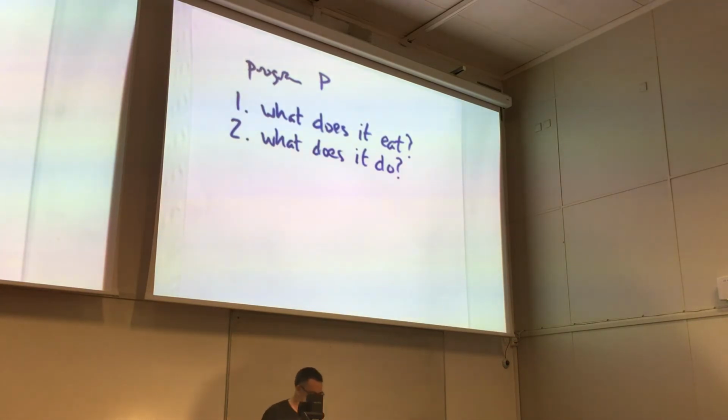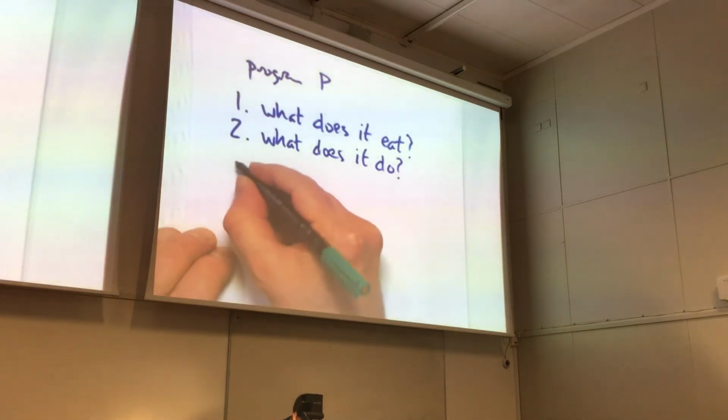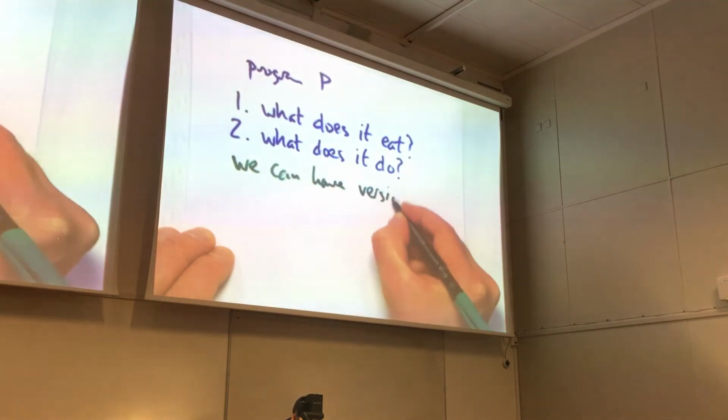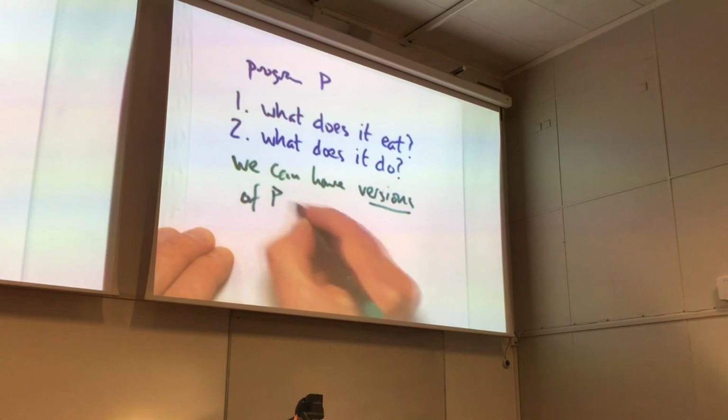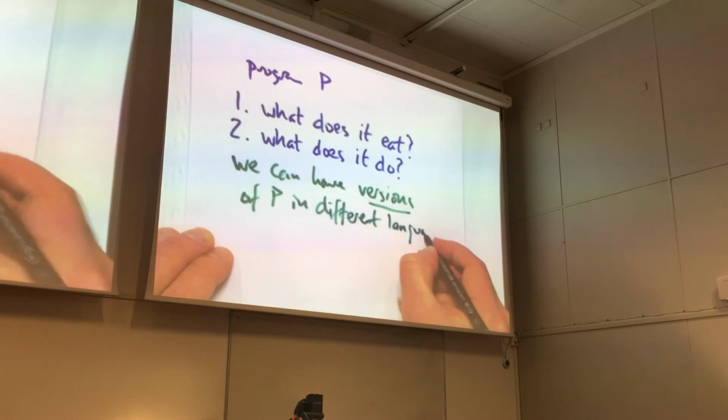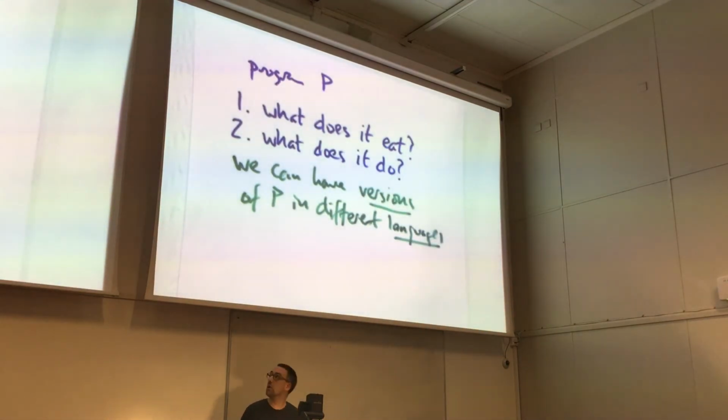Okay. Right. Crucially, we can have versions of P in different languages. Right? It is possible for the same program to exist in different versions, where just like you can translate text between different human languages, you can translate different programs between different computer languages.